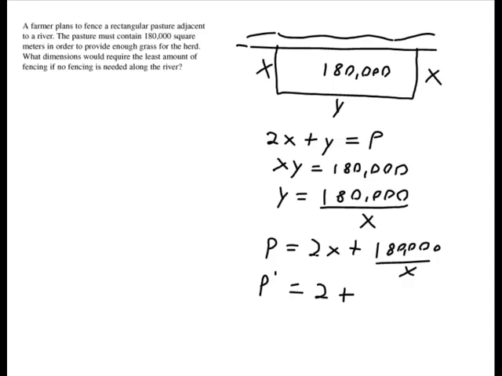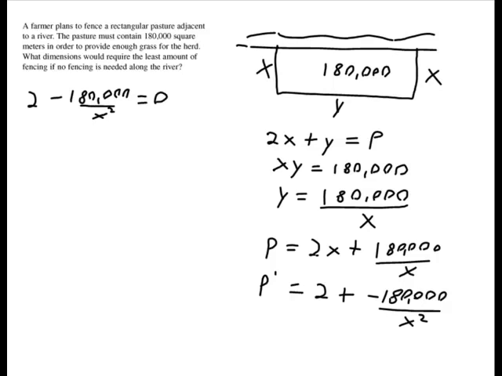Well, we'll take the x to the numerator, use the power rule. It will come out to be negative 180,000 over x squared. So now to optimize that, we set it equal to 0. So 2 minus 180,000 over x squared equals 0.